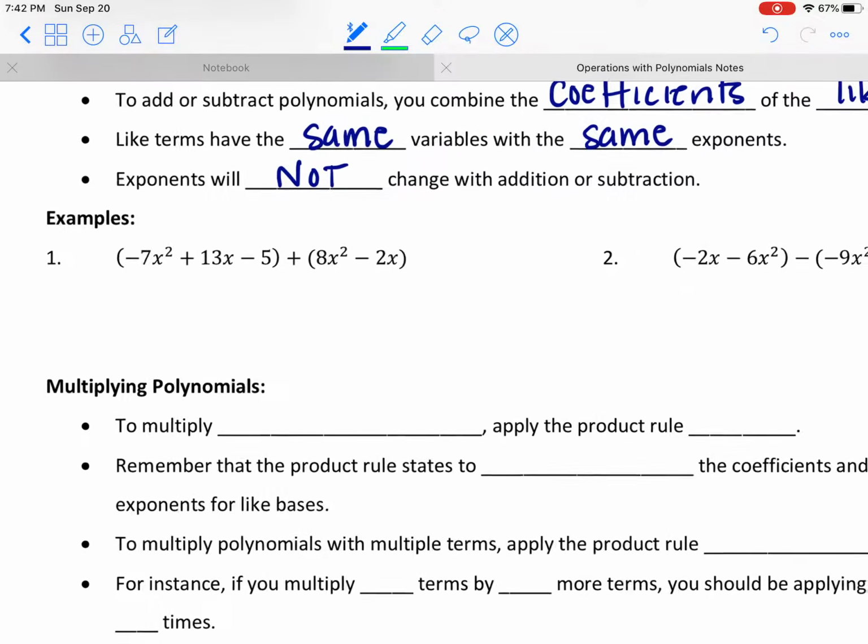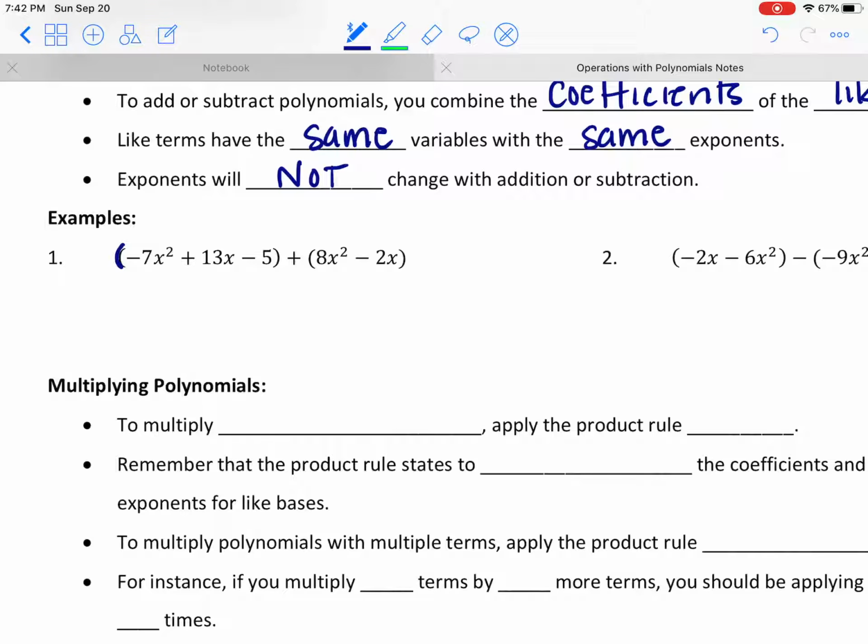Okay? So if we look at the first example, we have this quadratic trinomial, and it says to add a quadratic binomial. Now the parentheses are in there to separate the two polynomials, but in reality the parentheses don't mean anything to this particular problem. The only time we have to worry about parentheses is if there's something outside of it to distribute or to multiply.